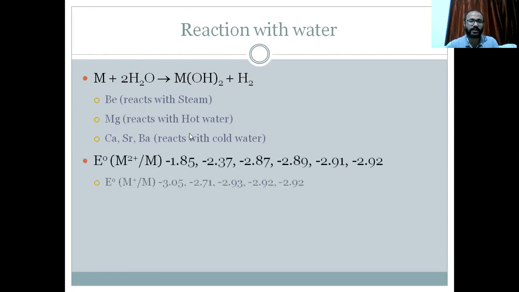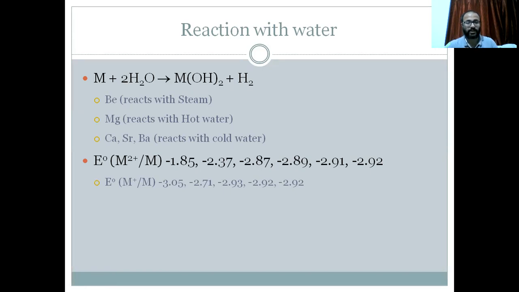Now, if we look at the electrode potential, this is the electrode potential for beryllium, magnesium, then you have calcium, strontium, and barium. So this is the electrode potential for the various elements.